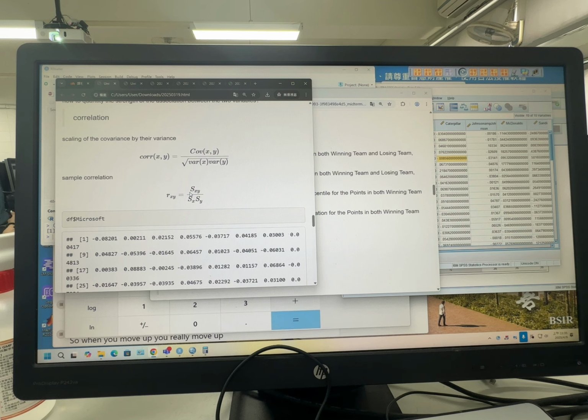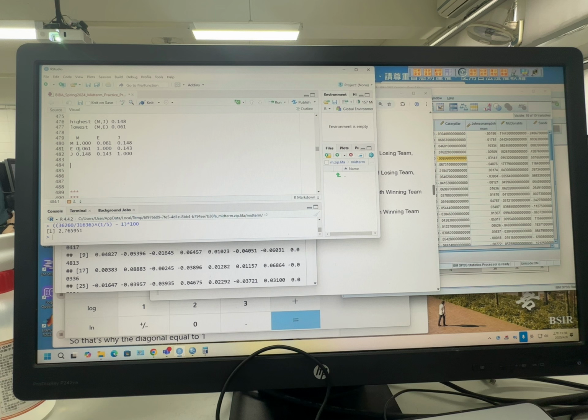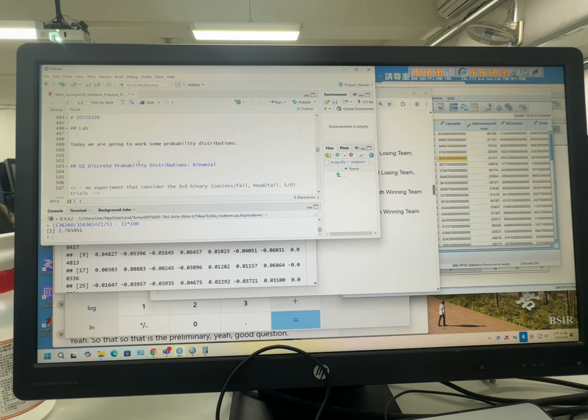When you go down, you really go down. But when you talk about two different companies, one can go up and one can go down. So that's why the diagonal equals 1, and the off-diagonal is never equal to 1. Yeah, so that's the explanation. Good question.